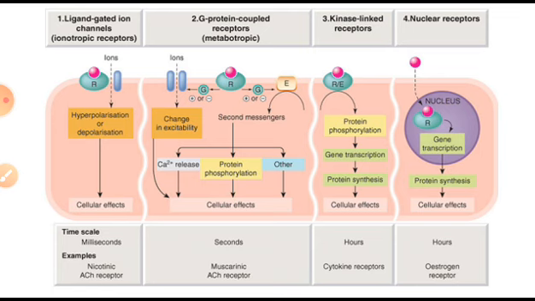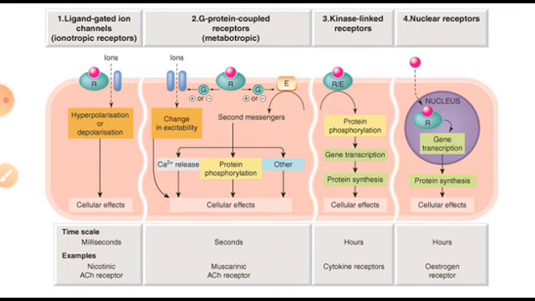Next is the nuclear receptor, where the receptor is not present on the membrane, but inside the cell, inside the nucleus, right? So they are called nuclear receptors. They also have the capability to change gene transcription and affect protein synthesis, and by that they produce various cellular effects.